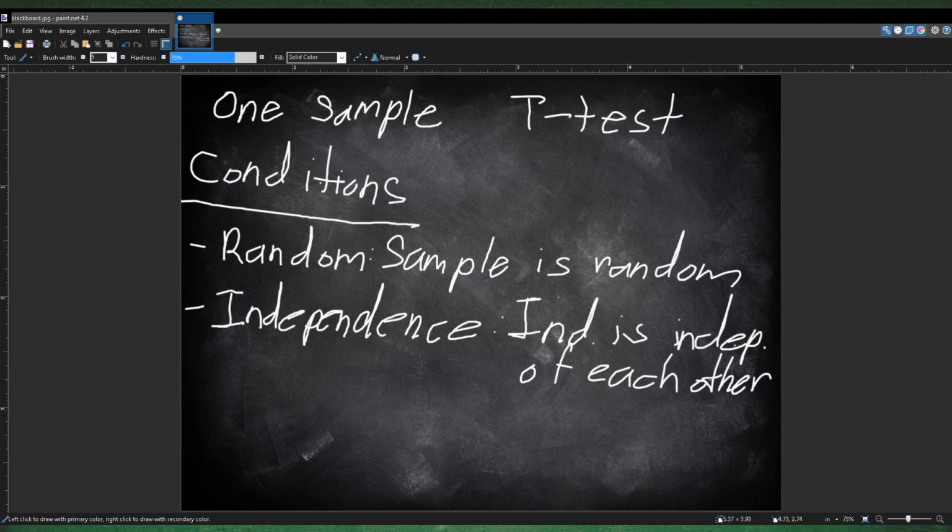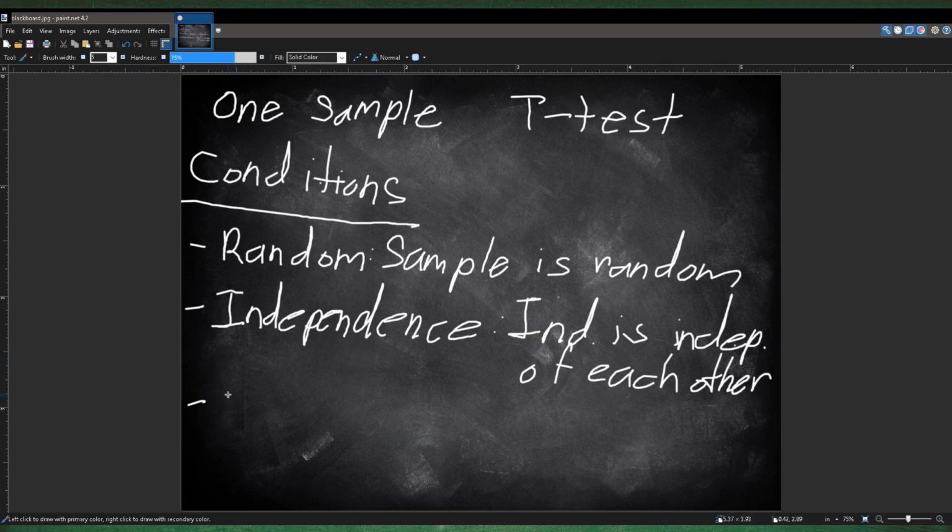Just because you chose one thing doesn't mean the next thing chosen has a higher or lower probability. If you flip a coin, just because you get a head the first time doesn't mean you're guaranteed a tails on the second time, because they both have a 50-50 chance. So it has to have independence, so the probability stays the same.